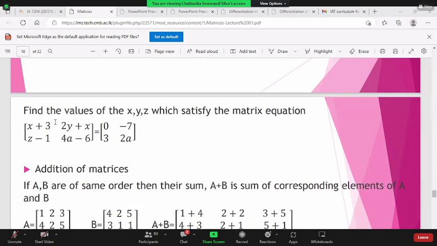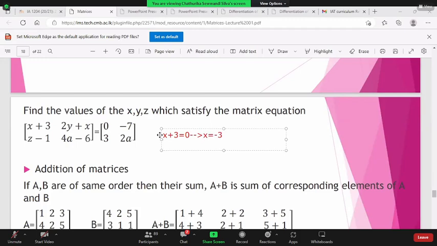If the respective elements are equal, x plus 3 should be equal to 0, 2y plus x should be equal to -7, z minus 1 should be equal to 3, and 4a minus 6 should be equal to 2a. X plus 3 should be equal to 0, so that means x equals -3.